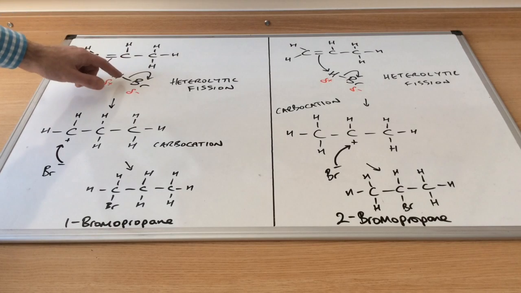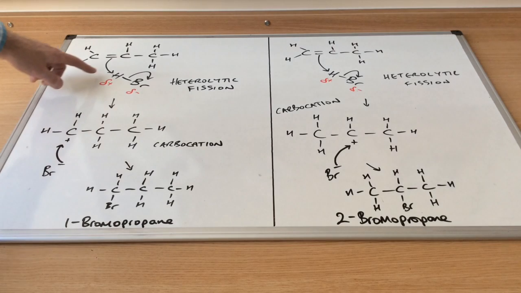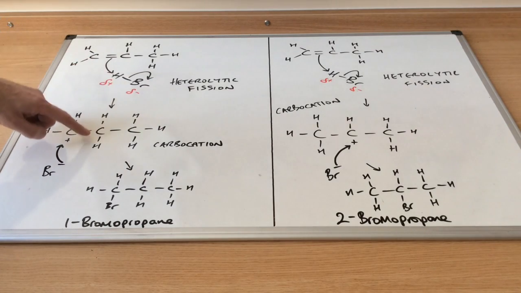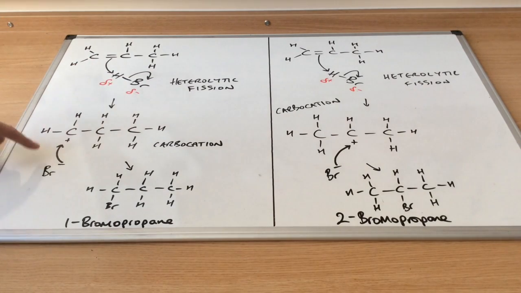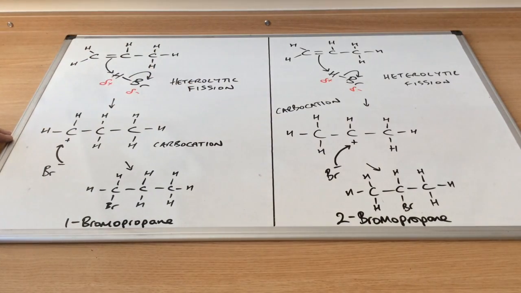The hydrogen effectively gets none of the electrons that were in the bond. And so to form the 1-bromopropane, we've put that new hydrogen on this carbon here, and we've produced this carbocation.